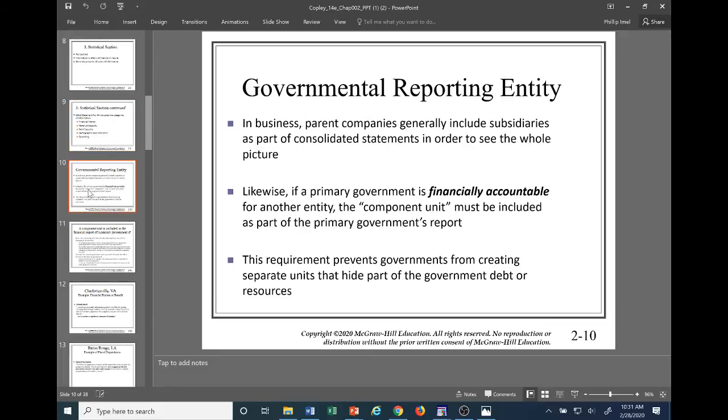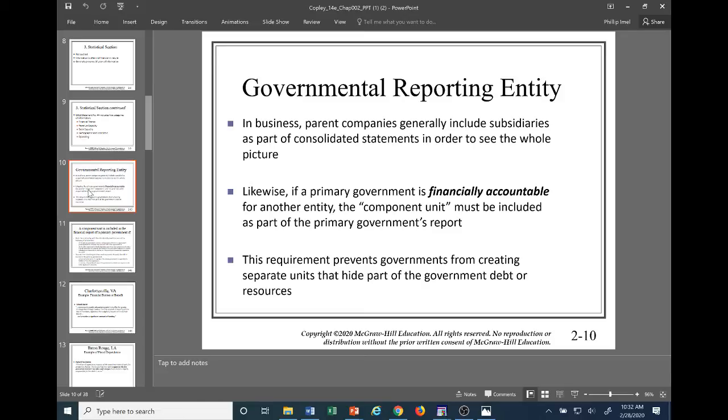Governmental reporting entity. Remember how in for-profit businesses, they might have a parent company and a subsidiary if they have a controlling interest in it? Same thing. That's pretty much the long and short of what a governmental reporting entity is. If it has financial accountability over it, meaning we can assign members of the governing body, we're financially responsible for paying its debt, and we have rights to their resources, it can direct them, stuff like that.